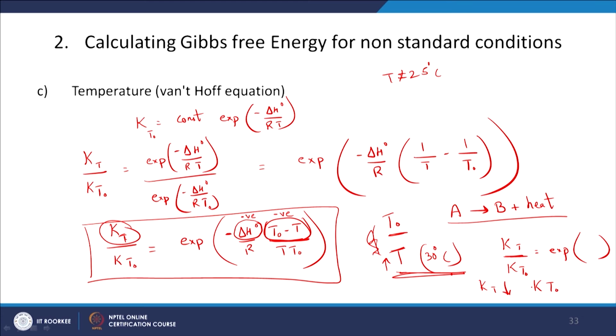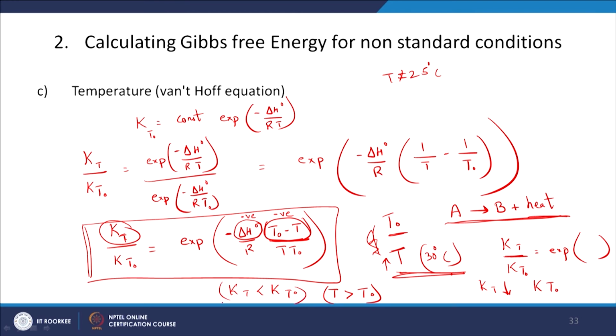So how do you understand this system now, right? Let us again take a quick look at what we just had. This is our equation, K T by K T naught equal to exponential of so on and so on. We looked at a specific example of an exothermic reaction, A going to B plus heat, and we saw that if we plugged in the values, K T is going to be less than K T naught when T is greater than T naught, right.